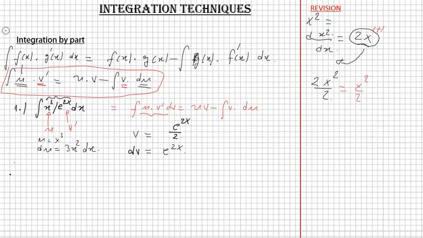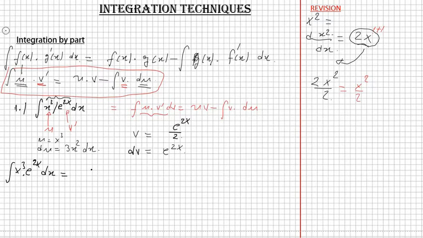So you can say that the integral of u, so what is u? U is x cubed multiplied by the derivative of v. So that gives u multiplied by v.